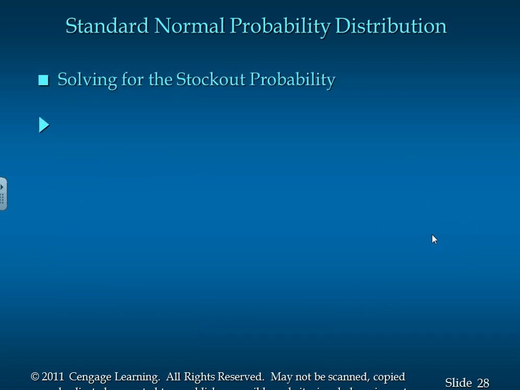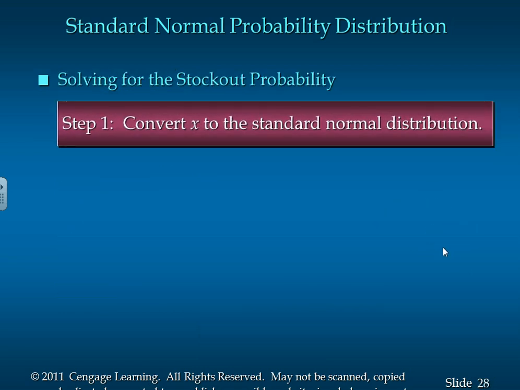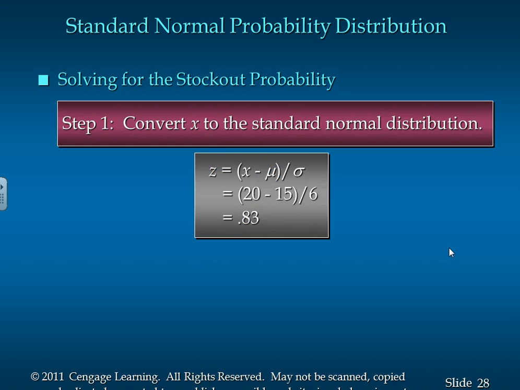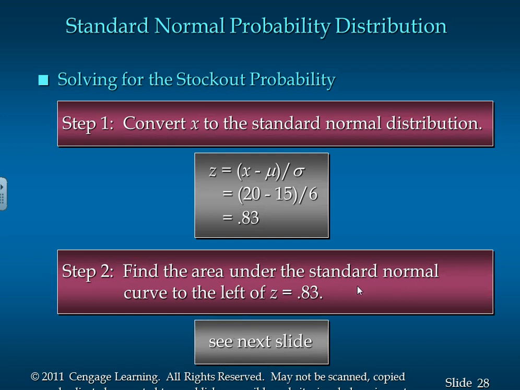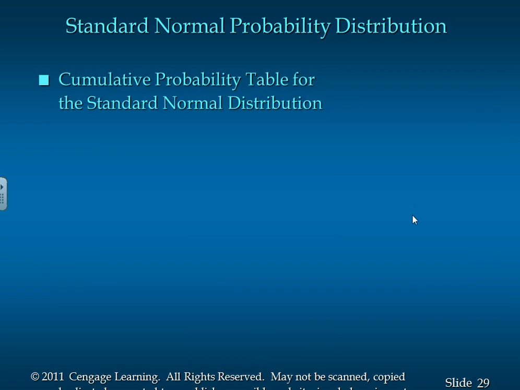All right, so solving the problem, we're going to convert x to a standard deviation. Okay, I know x, I know my mean, I know my standard deviation, so my z is going to be 0.83. Find the area under the curve of the normal z.